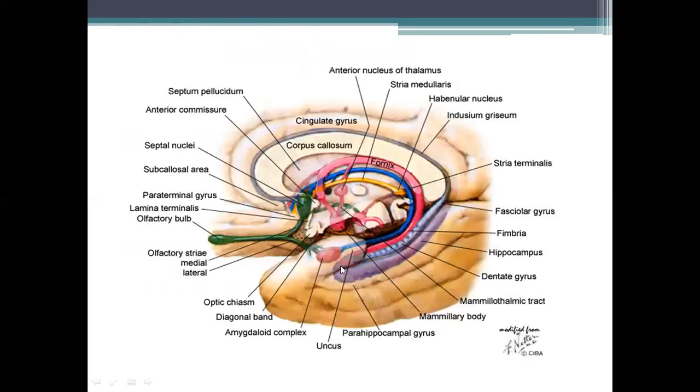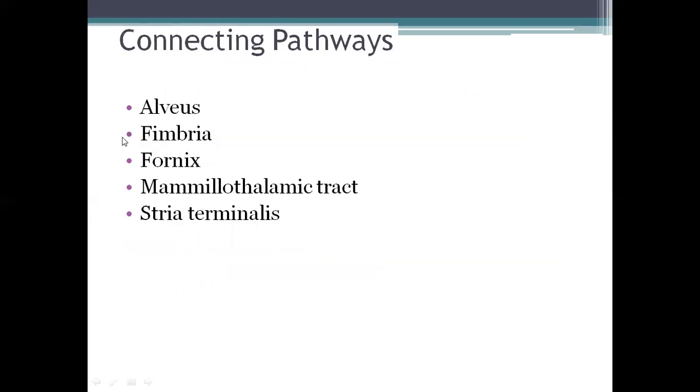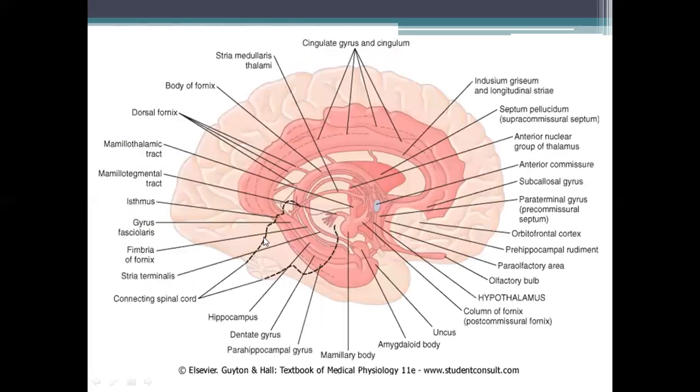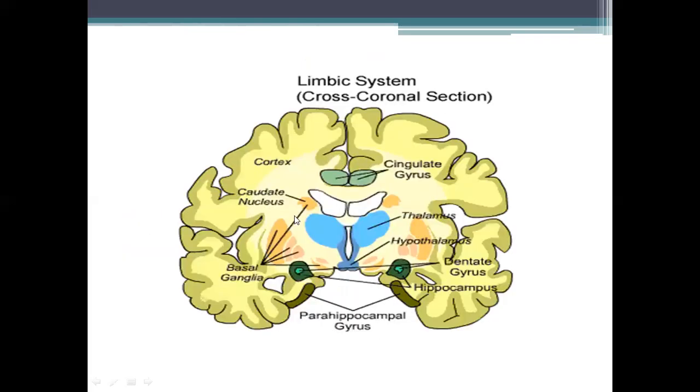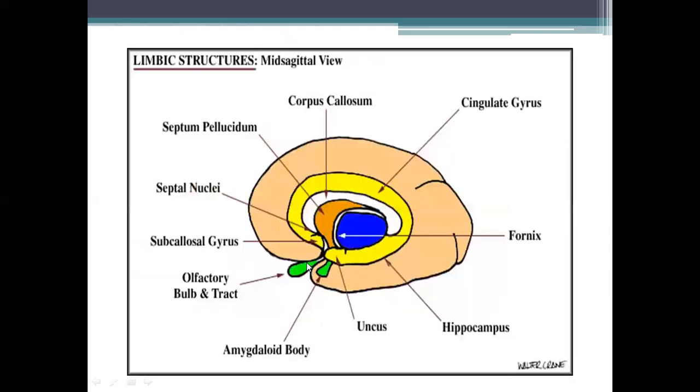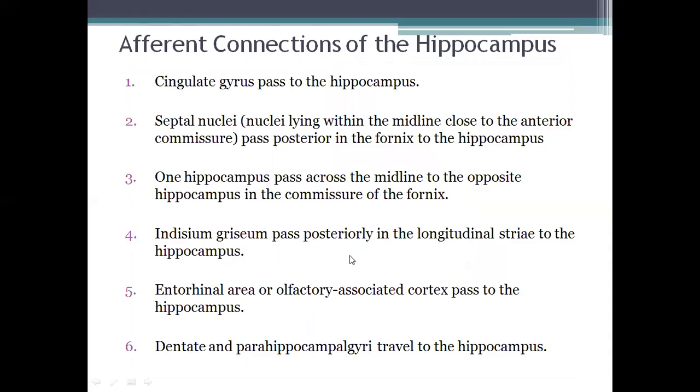All these have been shown in different colors over here. The connecting pathways are alveus, fimbriae, fornix, mammillothalamic tract and stria terminalis. These are the different sections where you find the limbic system. The different colors have been shown for our convenience.